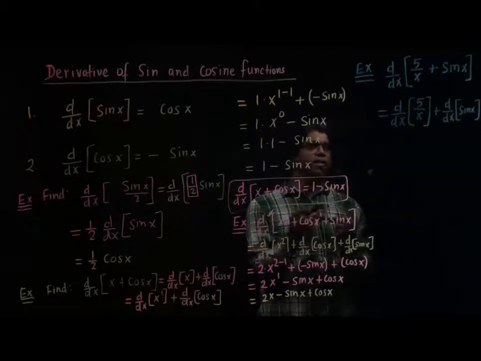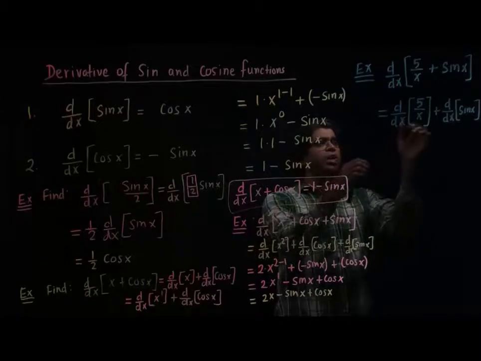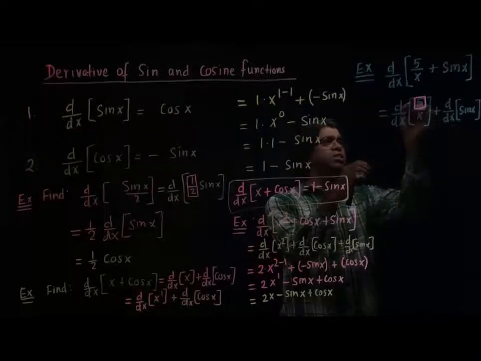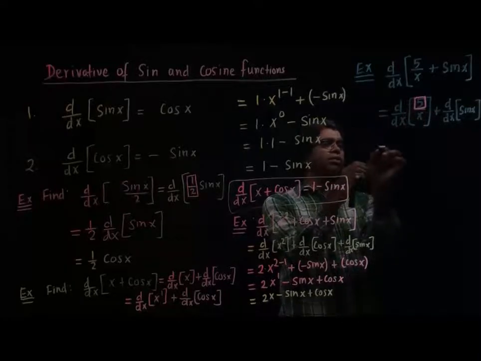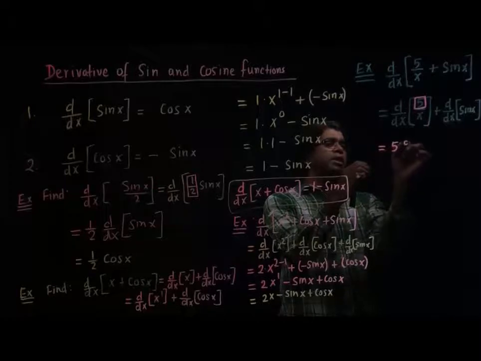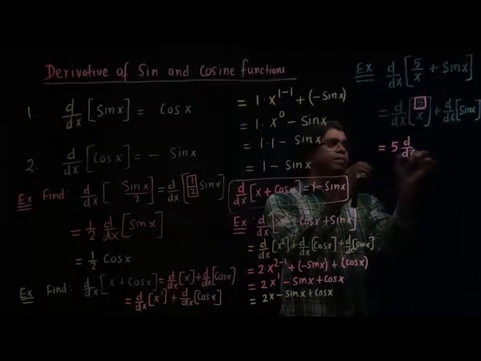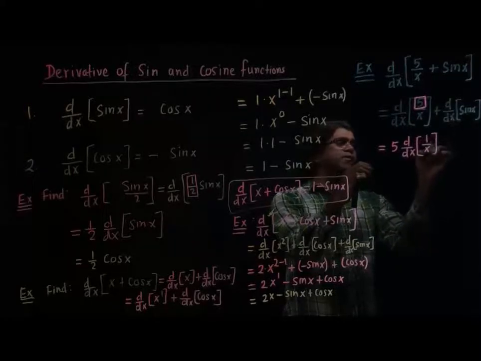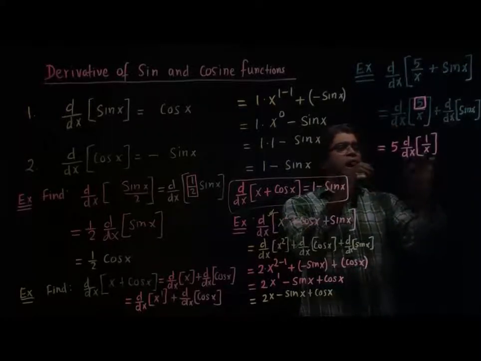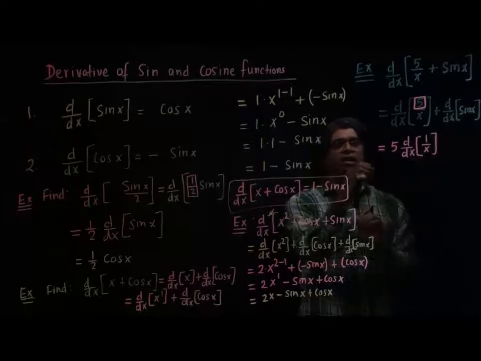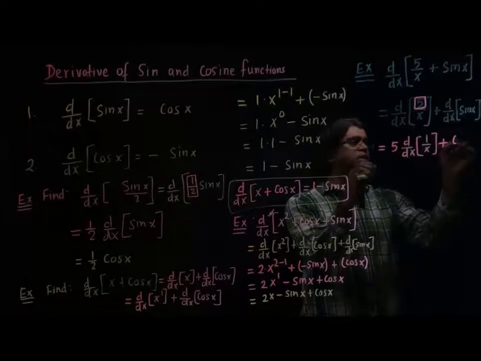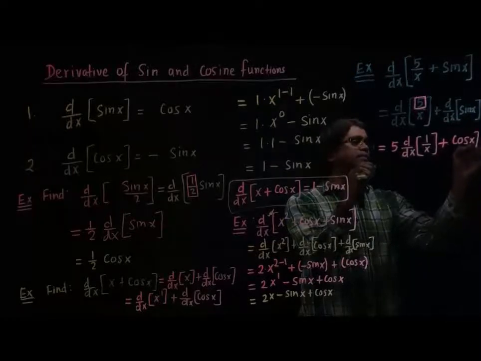Now let's simplify further. I'm going to keep my constant outside, because as you can see 5 is a constant, so that should go out. So I will write 5 d by dx of 1 over x, because if I take 5 outside, I have 1 over x left inside the bracket, plus d by dx of sine x is cosine x.